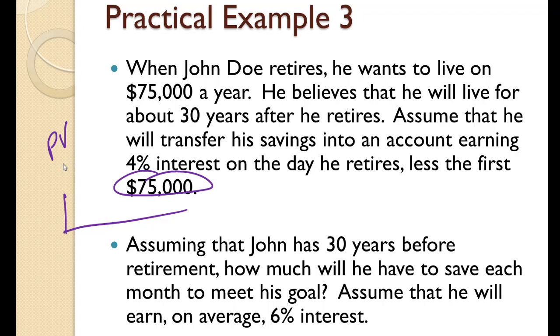So this is a present value of an annuity, but it's an annuity due because the first payment is coming out at the beginning, not at the end. The second part to this problem is saving. And we said saving is a keyword for future value. This is a future value of an annuity so that he can figure out how much he has to save in order to end up with the money that he needs.